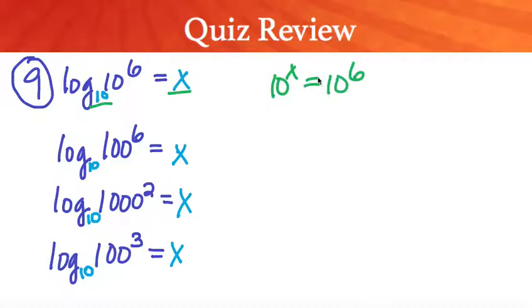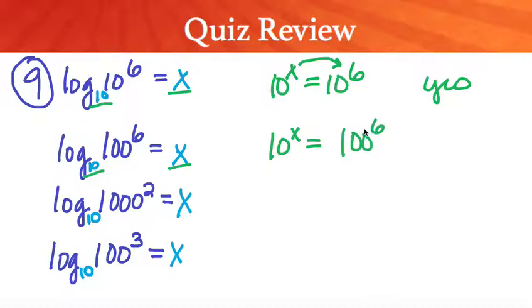Now the question for number 9 is, does this equal 6? I can see x does equal 6. So yes, this one equals 6. I'm looking for which one does not equal 6. So let's go again. 10 to the x equals 100 to the 6th.